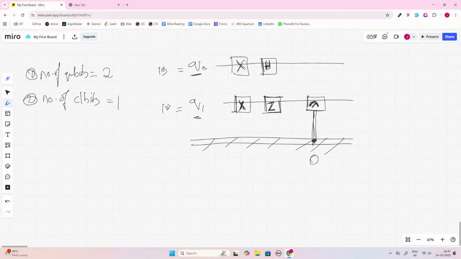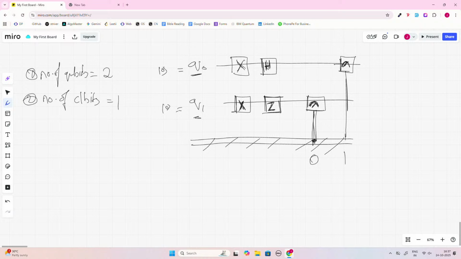Okay. So now if I want to measure Q0 as well, what will I do? Draw the same thing for that as well. Simple. I will just keep a box, draw a speedometer, keep a straight line, and make it 1. Whenever you keep a speedometer symbol, it means I am doing a measurement on it.